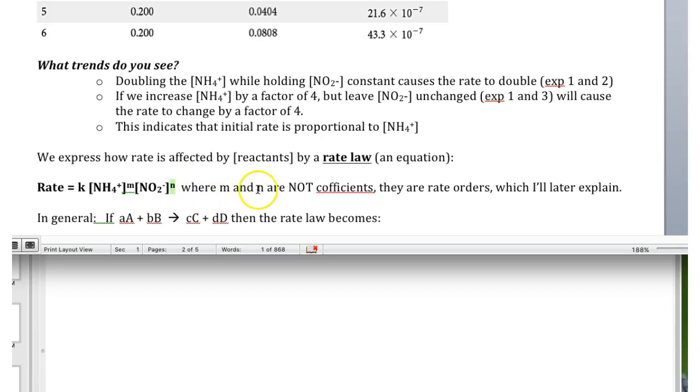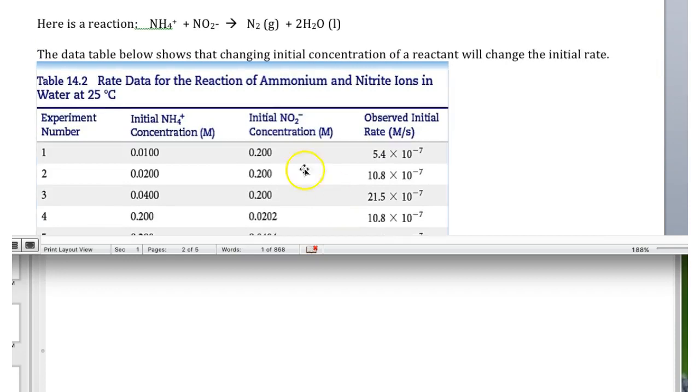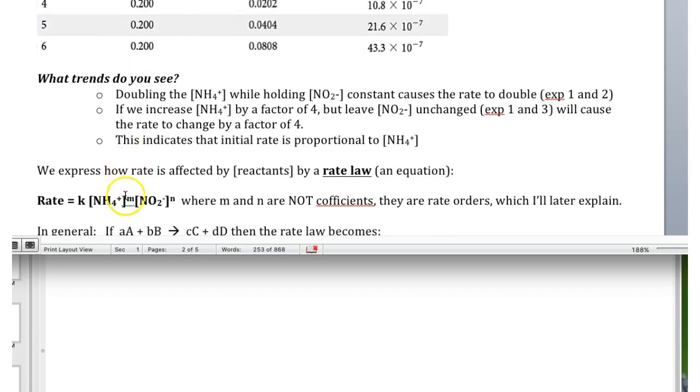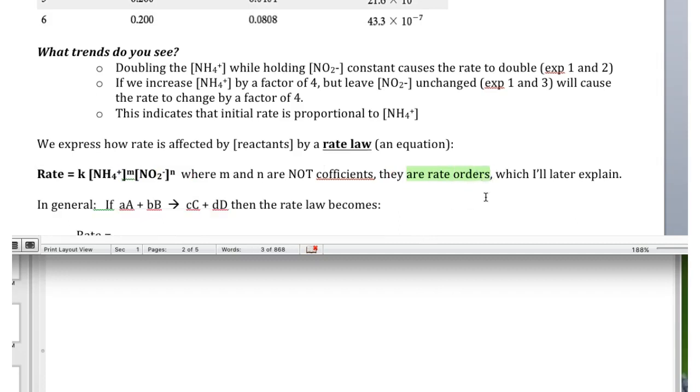M and n, these powers here, are not coefficients. So if you look up here, just because there's a 1 there and there's a 1 there, doesn't mean that this is 1 and this is 1. Okay, so don't confuse it with the stuff that we learned from the equilibrium unit. Instead of m and n, they are called rate orders, which I'll explain later.